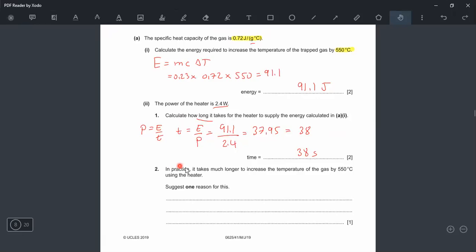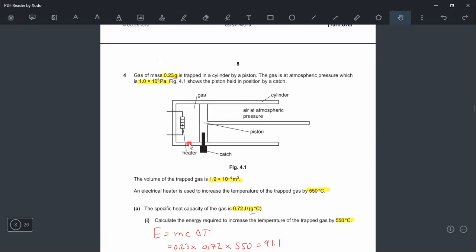In practice, it takes much longer to increase the temperature of the gas by 550. Ooh, I wonder why. Why would it take more time to increase the temperature of the gas by 550 using this heater? So just one reason for this. Please keep in mind, when you're heating the gas, who said all of the heat is going to the gas?